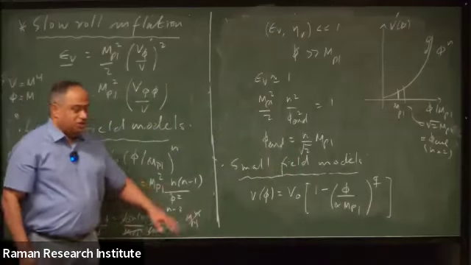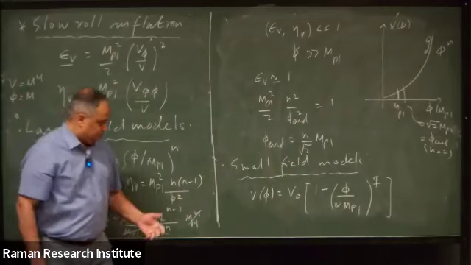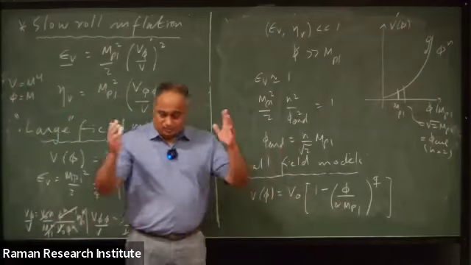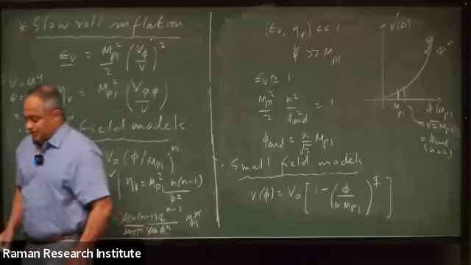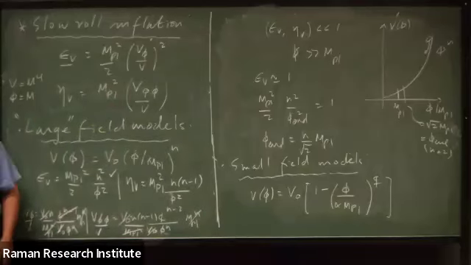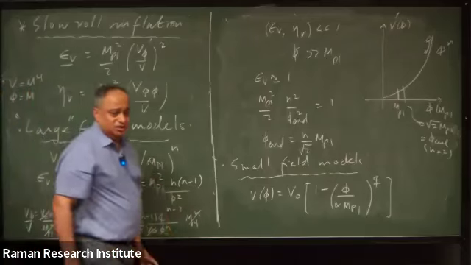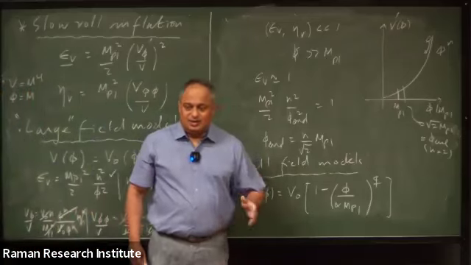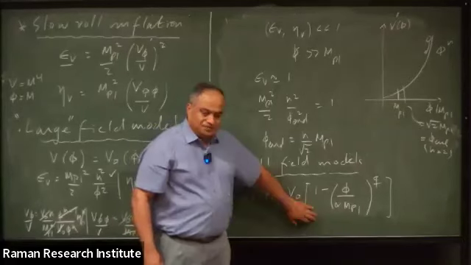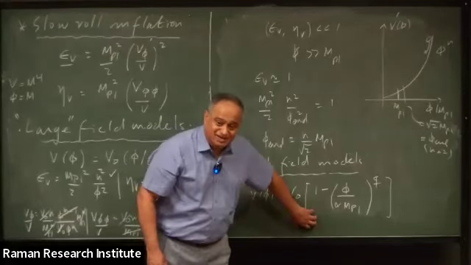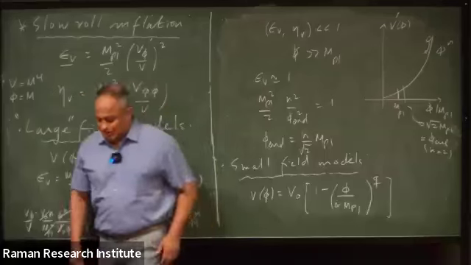I will let you plot the potentials. You can assume alpha is of order 1, or a few times order unity. Determine where the slow roll parameters will be small, where the inflation will end, etc. I would urge you to do that.